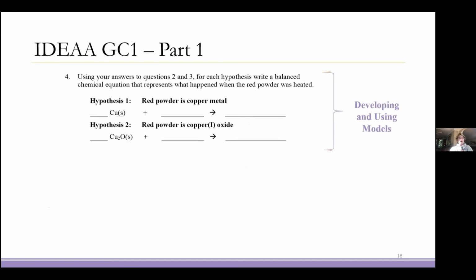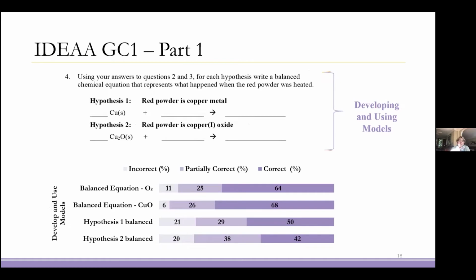Okay. The balancing, again, we tried not prompting the balancing, we just left it blank and said, write a balanced equation. That led to just too much variety of results.